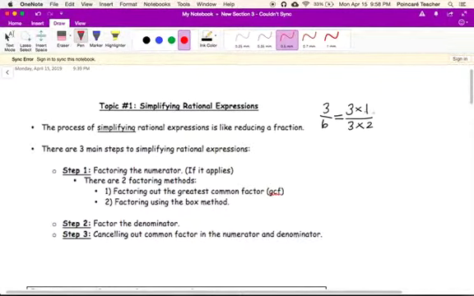So when you usually simplify this, you divide the numerator and denominator by 3, and then you get 1/2. You pick 3 because 3 is a common factor of 3 and 6.